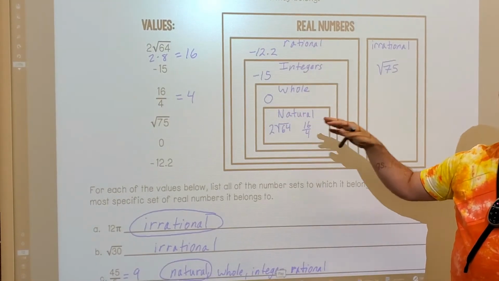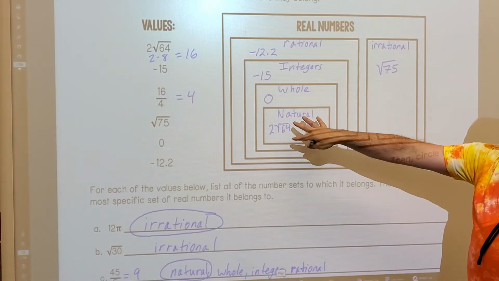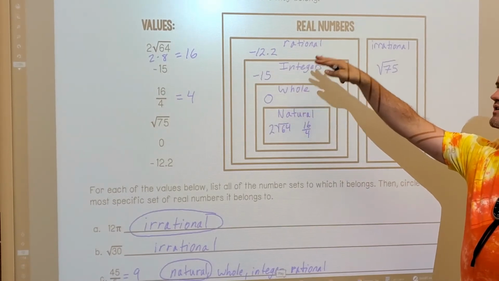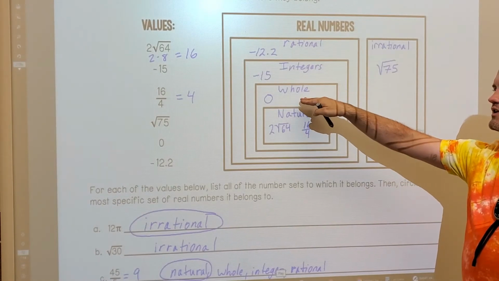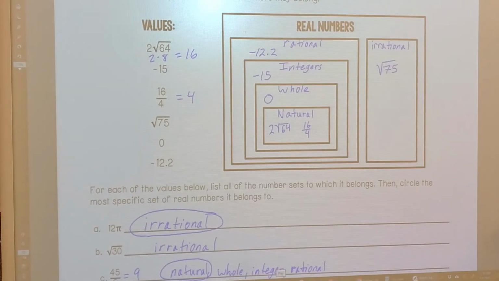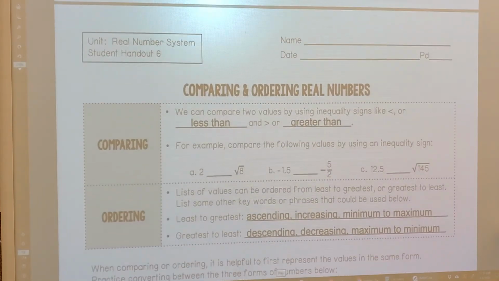Okay, we're going for the most specific. So I would start at the middle box. Can I put it there? Yes or no? Now can I put it there? Yes or no? If I can put it in this one here, it's in all the rest of them as well. Okay? And irrational numbers don't belong in any of those boxes. They're just irrational.